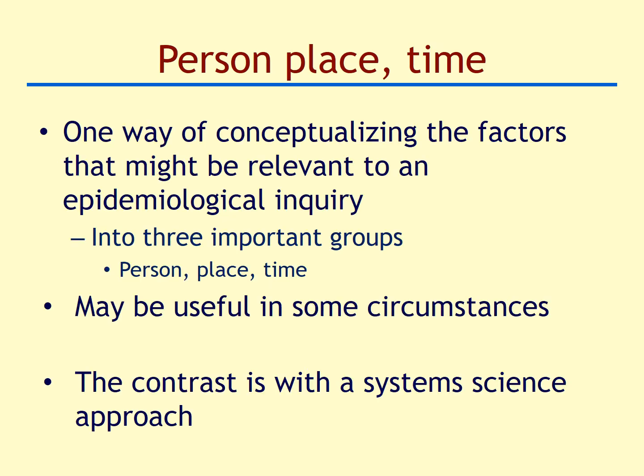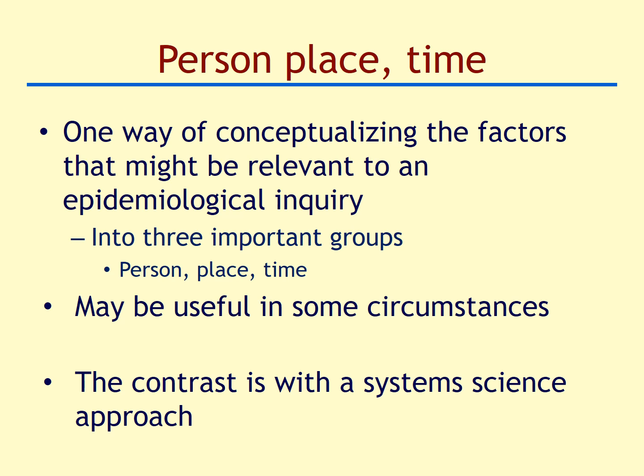So to sum up, person, place and time is historically a way that people have conceptualized the factors that might be relevant to an epidemiological inquiry into three important groups. And it can be useful if there's a limited number of factors that could be important, and you can do a search through each one of them exhaustively.